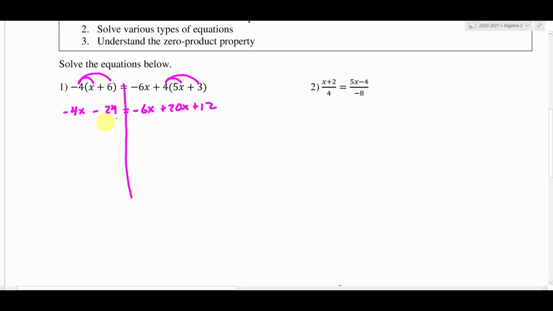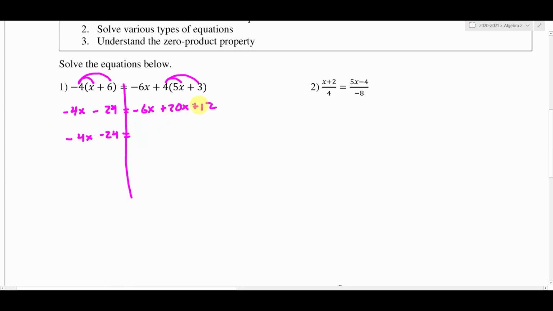The next thing I'm going to do is look for any like terms that I can combine on each side of the equation. On this side, I have a -4x and a -24. I can't combine those because this one has an x and this one doesn't. So there's nothing to do on this side of the equation for right now, and I'm just going to bring that down unchanged.